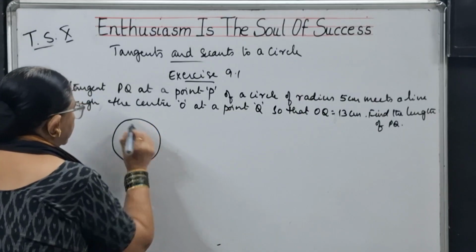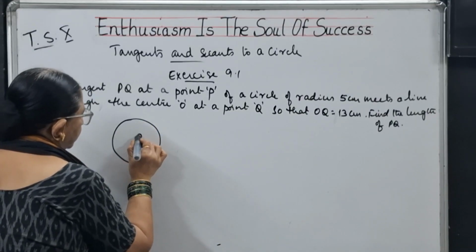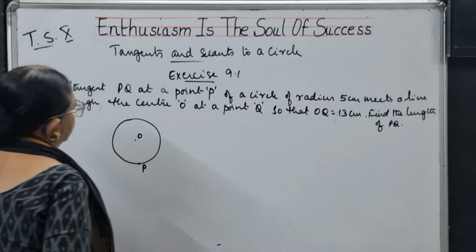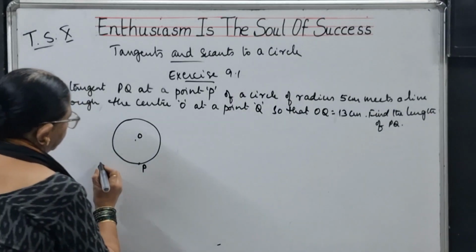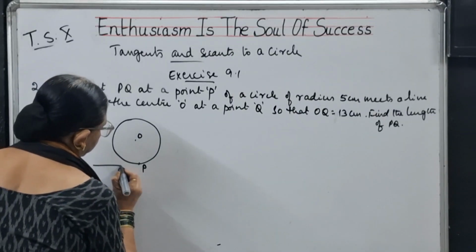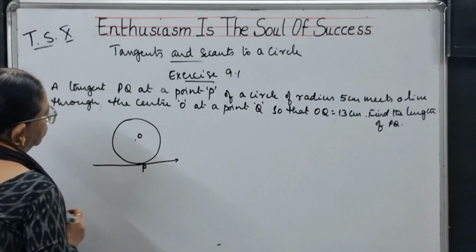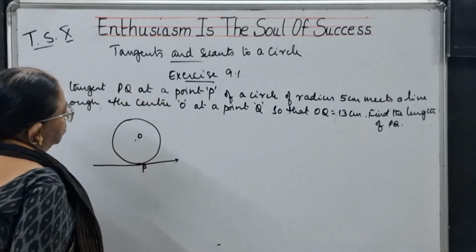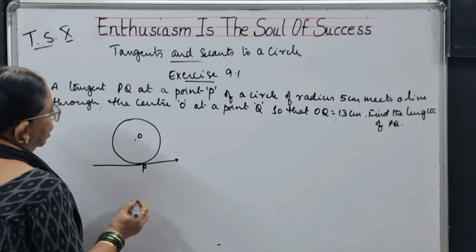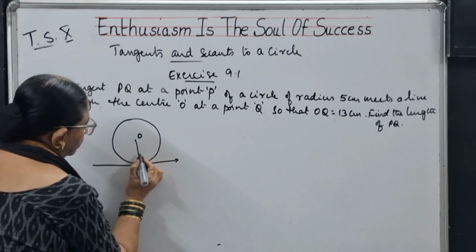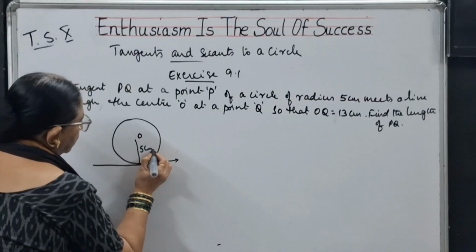You have got a circle with center O. Let me take this as point P. So this is the tangent. Now, the tangent PQ at a point P of a circle of radius 5 centimeters. So this is the radius, this is 5 centimeters.